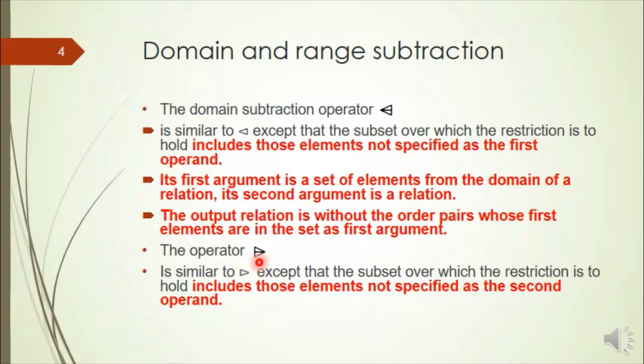The first argument is a relation and the second argument is a set, which is actually a subset of the range set. It is similar to the range restriction operator, except that the subset over which restriction is to hold includes those elements not specified as the second operand.